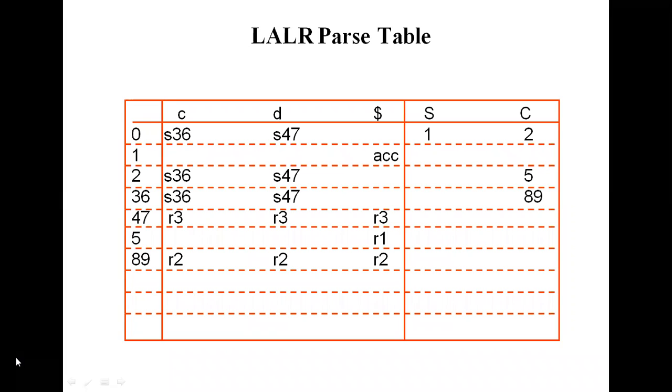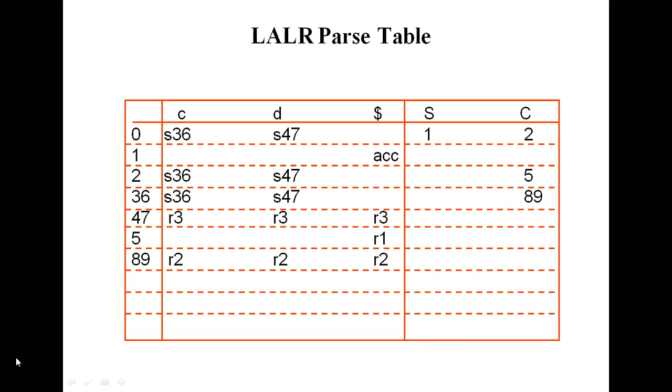I think you all represent the CLR parsing table after constructing the canonical set of LR(1) items. Then finally you need to construct the parsing table, right? Based on the CLR parsing table, now I am going to represent an LALR parsing table.